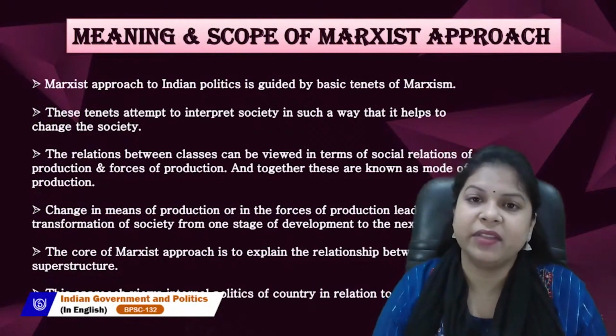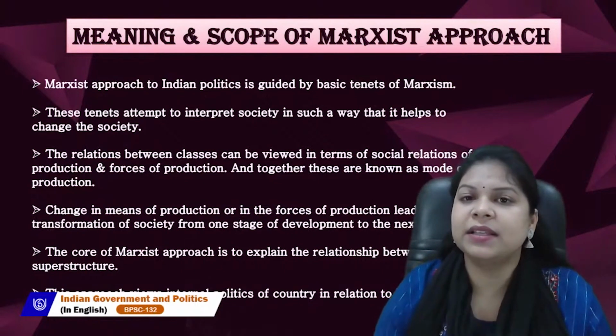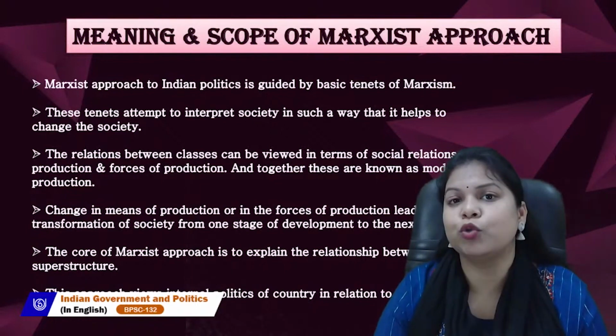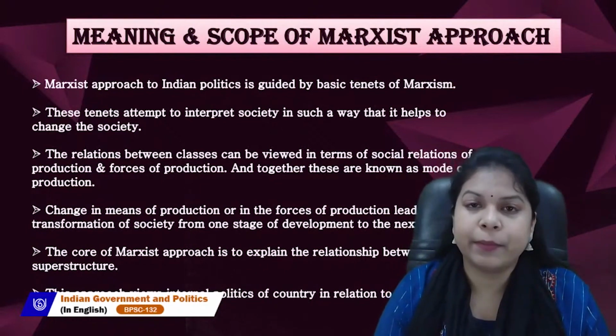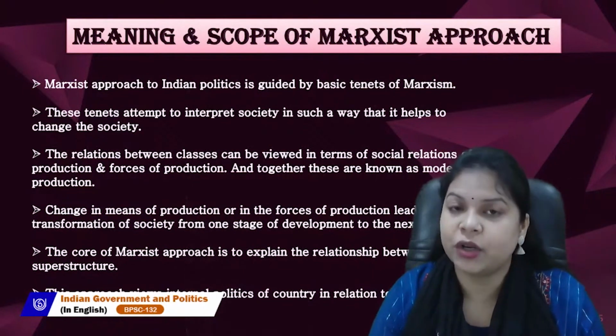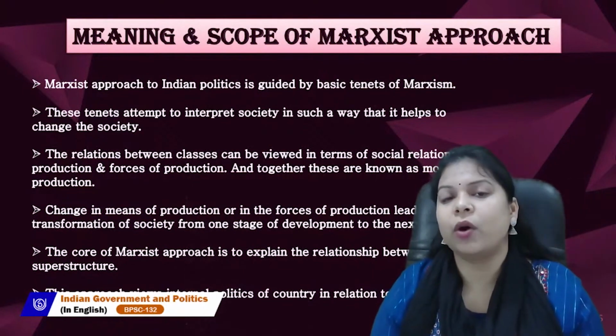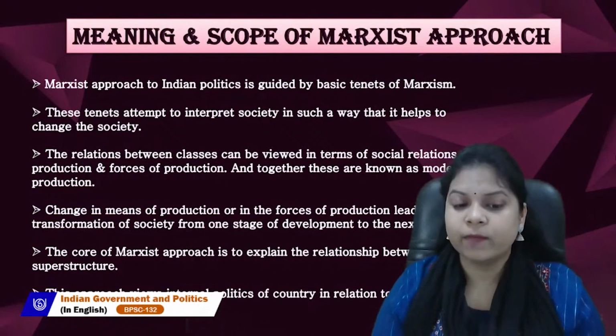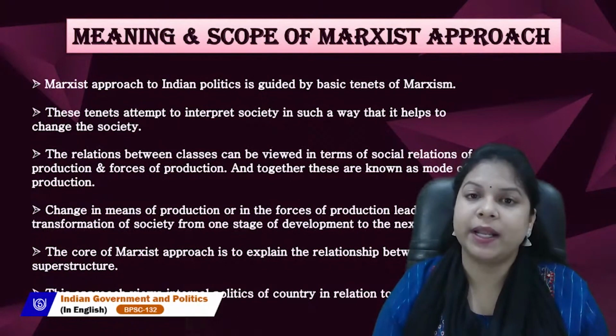Marxists believe that whatever there is in the base will influence the superstructure. This approach also views the internal politics of a country in relation to international politics, relating whatever is going on in world politics to the internal politics of a particular country.